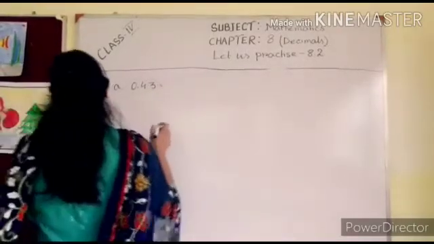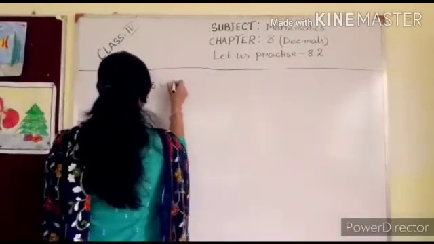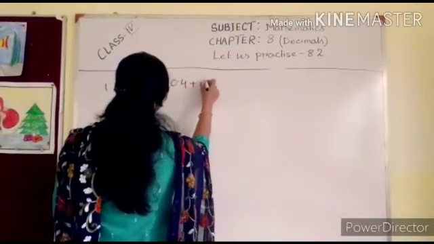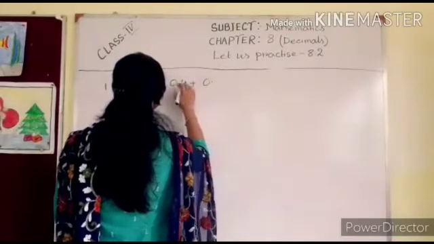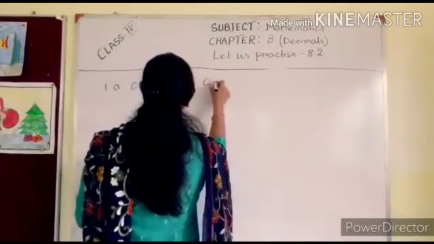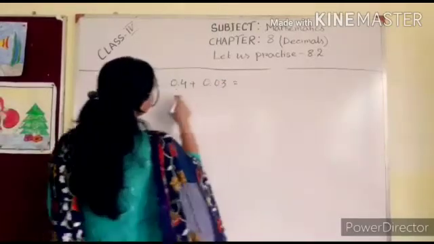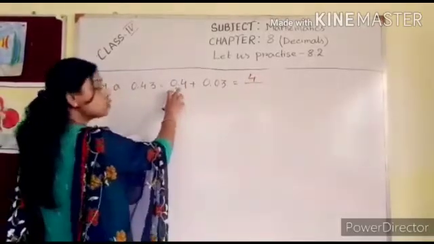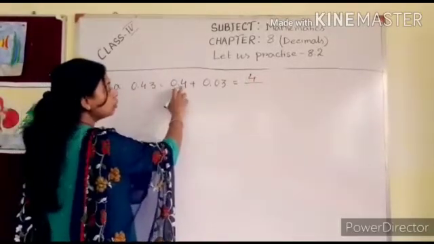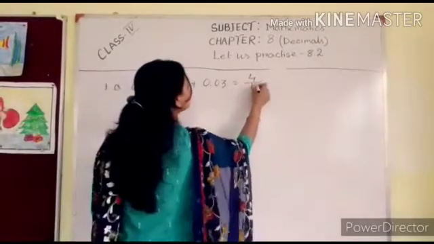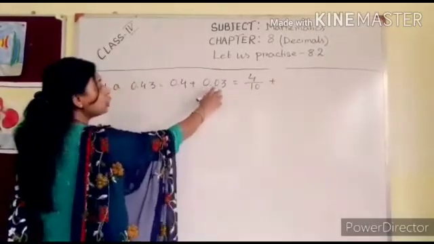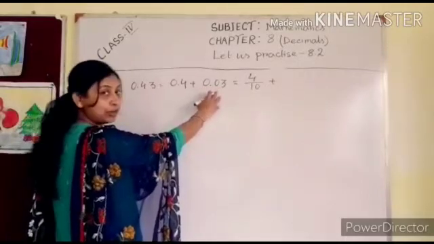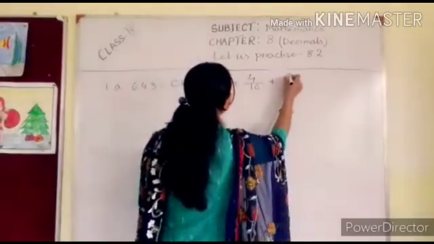So you will write it in this way: 0.4 plus 0.03. 0.4 means there is one digit after the decimal, so the denominator is 10, plus 0.03. After the decimal point here are 2 digits, so the denominator is 100.